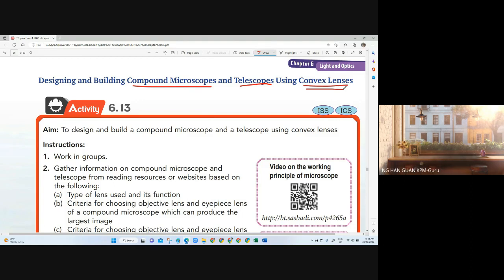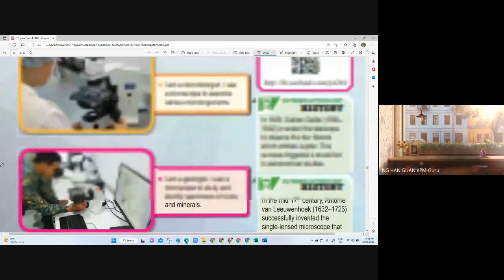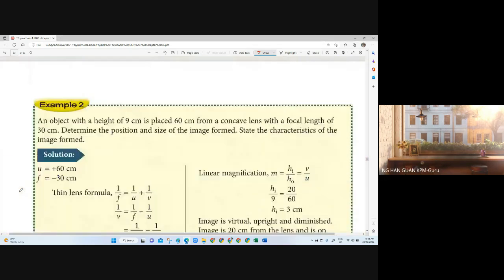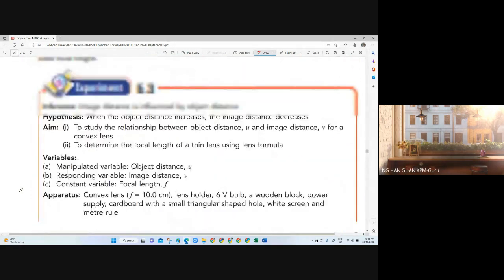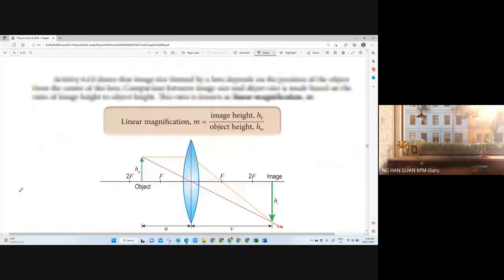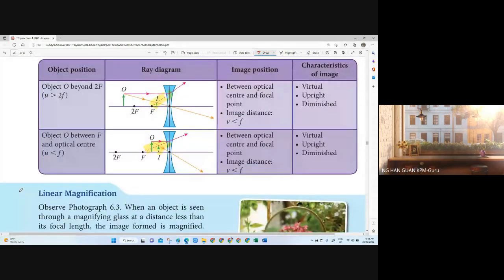The first thing you have to understand is that it must use convex lenses, not concave, because concave never magnifies the image. A concave lens only makes the image smaller, diminished. This is its only characteristic: virtual, upright, diminished.